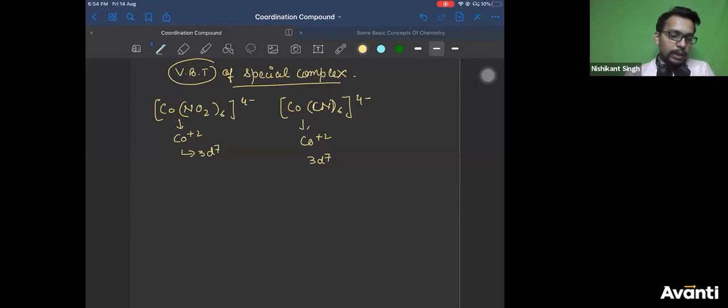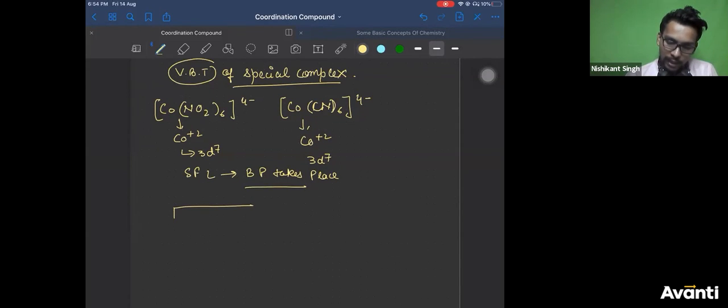Right. So now there comes a confusion here. What is the confusion generally people get? So dekho, strong field ligand, back pairing takes place. This is what we have studied. But this is where most of us get it wrong. Yes, Pritesh, let us see this.